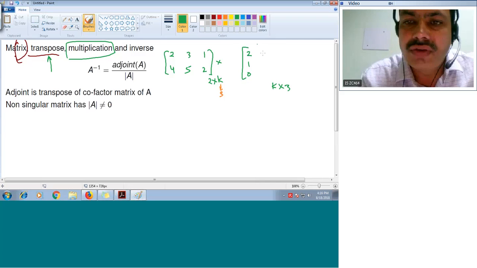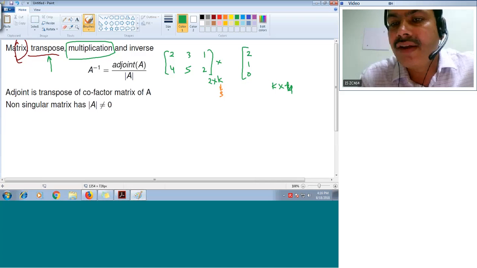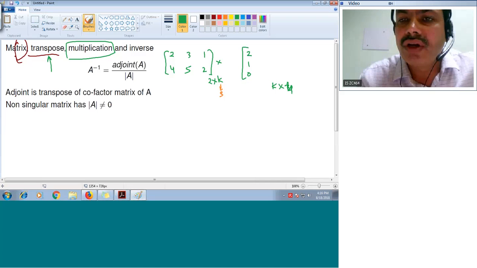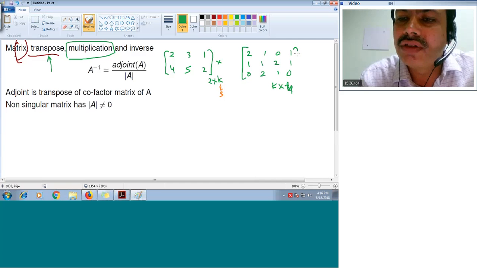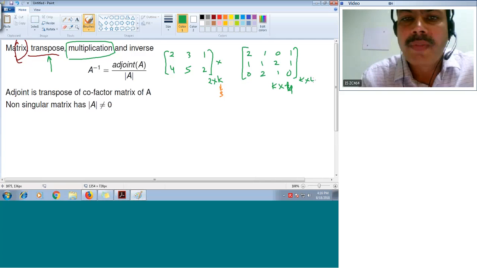Let me just put 4 values, so for every row there will be 4 values. So I can write 1 0 1 1 2 1 2 1 0. I'm just putting this so that it becomes easy. So now it is k cross 4.